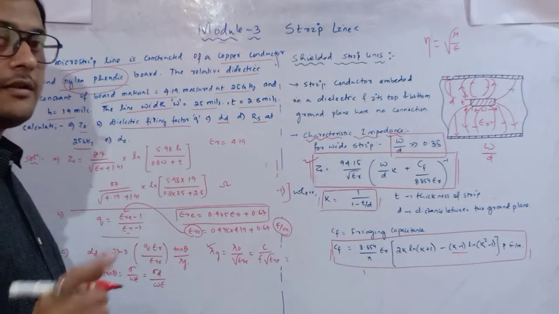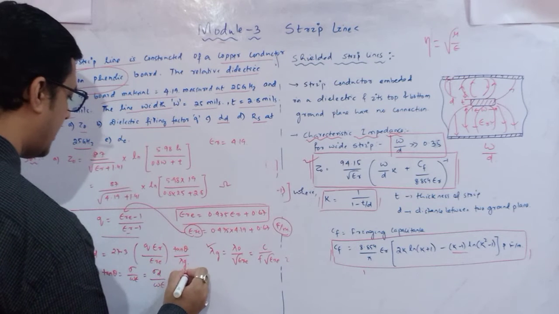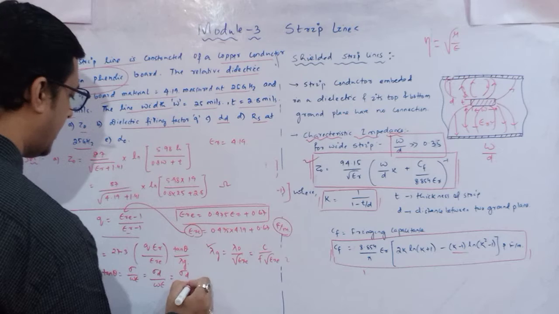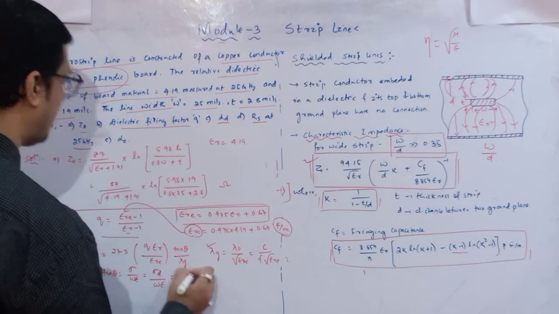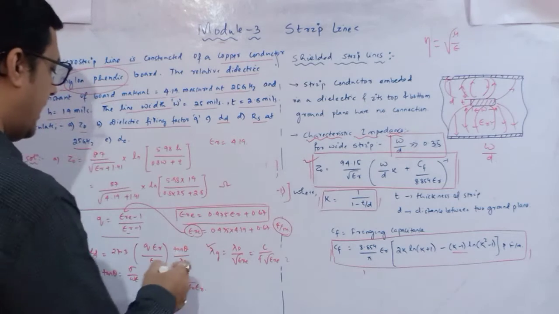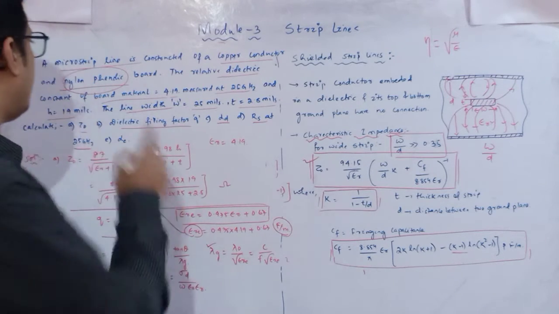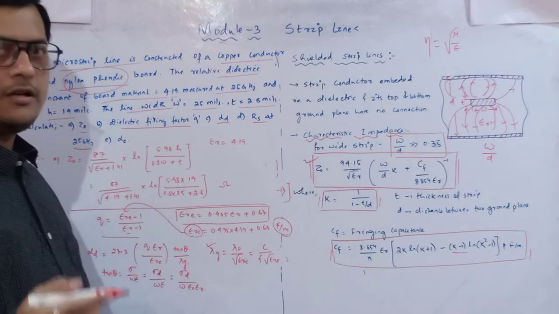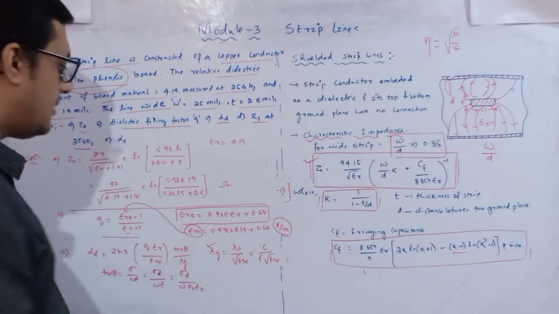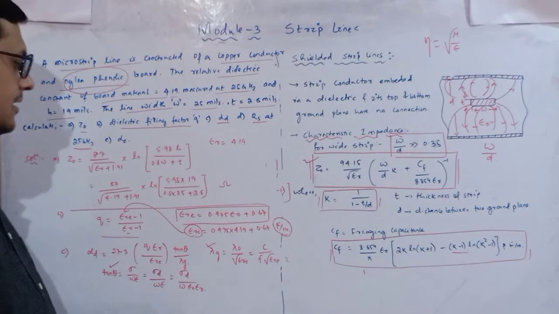Epsilon means epsilon naught into epsilon R. So you have to substitute sigma D divided by omega epsilon naught into epsilon R. Epsilon R is given as 4.19. And what is sigma D? You have to check the conductivity of nylon phenolic board. Its conductivity will be given. Substitute here. You will get your loss tangent angle tan theta.